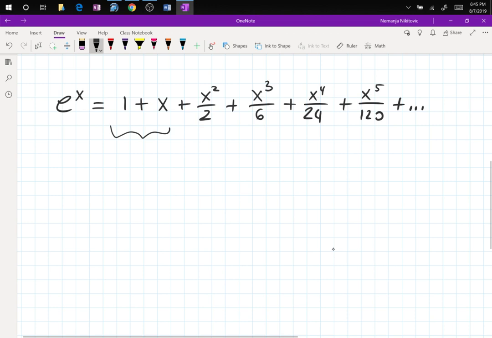It comes from power series. The power series for sine starts with the first term being x, and then minus, the next term is going to be x cubed divided by 6, and then plus x to the 5 divided by 120, and so on.